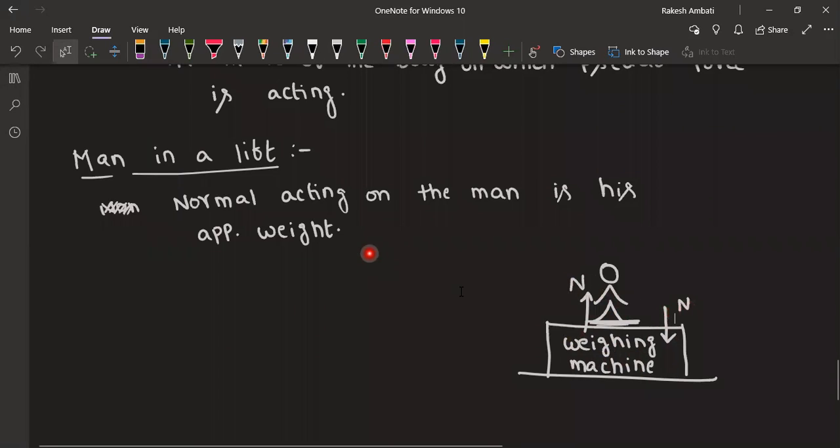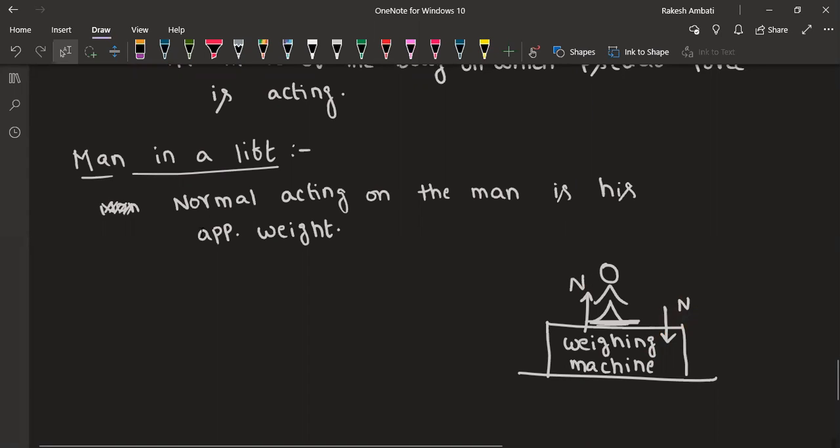So the same normal force that acts on the man is acting on the weighing machine, and it is measured by the weighing machine. This normal force reading is the apparent weight of the man. Both are the same in magnitude, so this normal force is nothing but the apparent weight of the man.